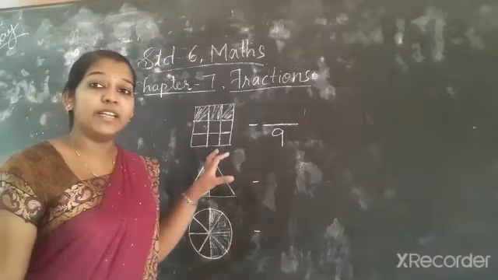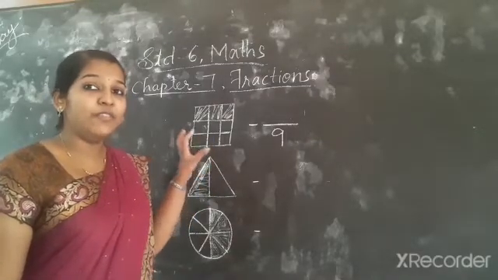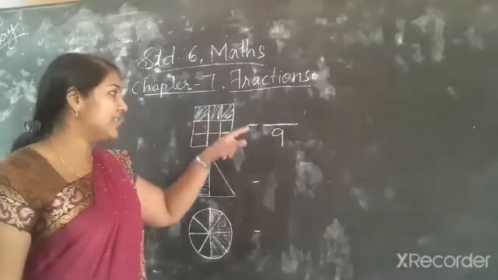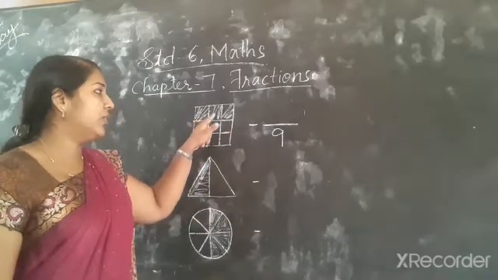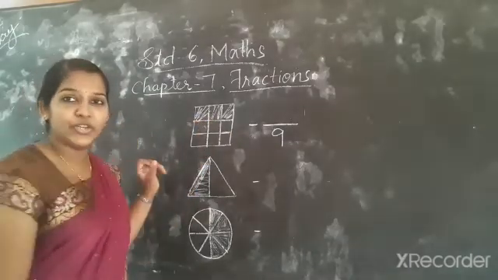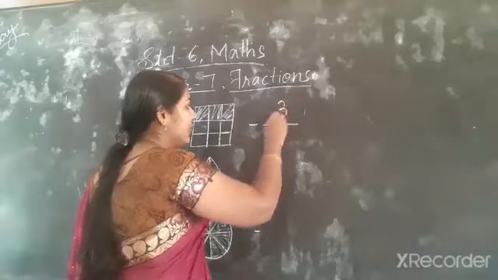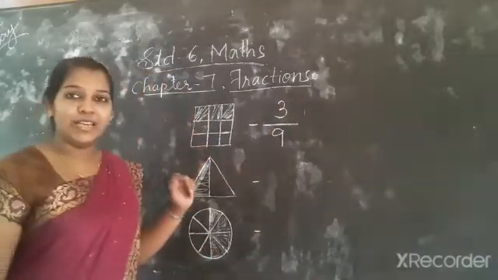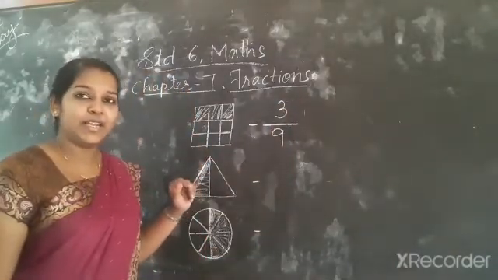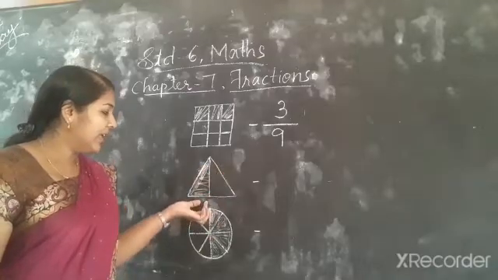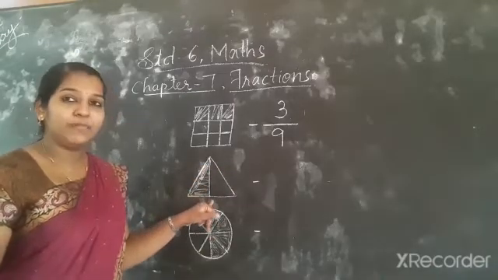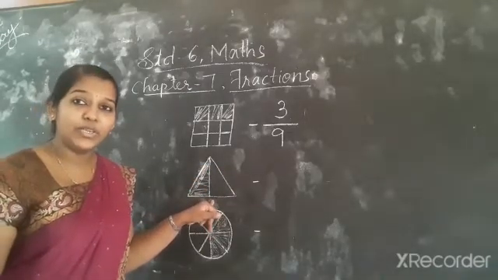Now we are writing the fraction for the shaded parts. How many parts are shaded? 1, 2, 3. 3 parts are shaded, isn't it? So the fraction is 3 by 9. Now the next one. Look at this triangle. Is it divided equally?